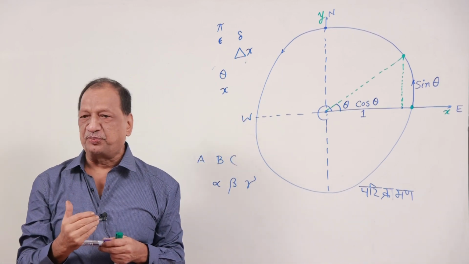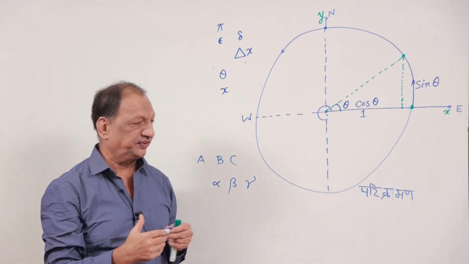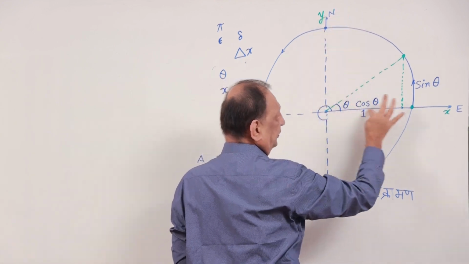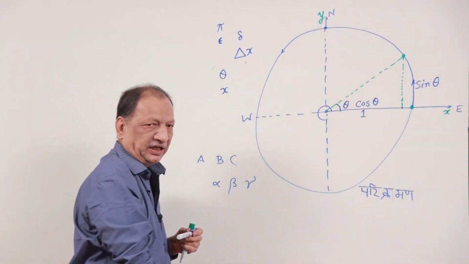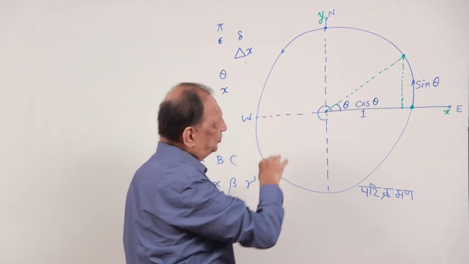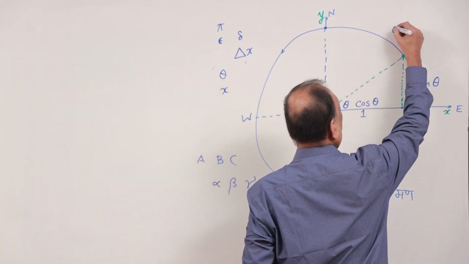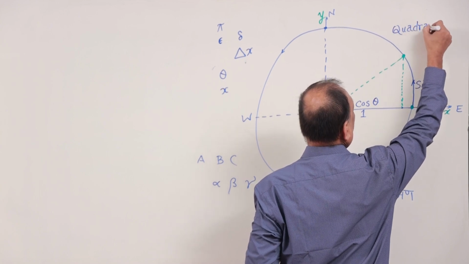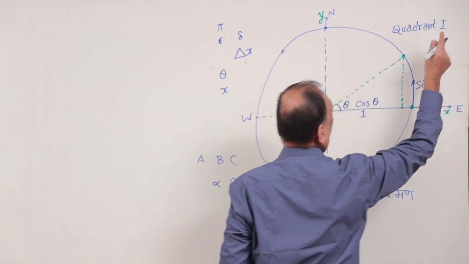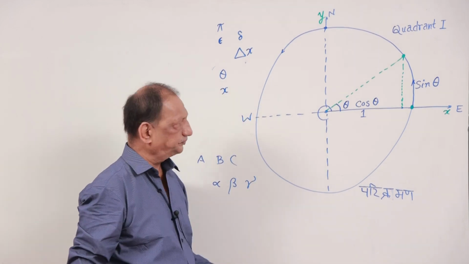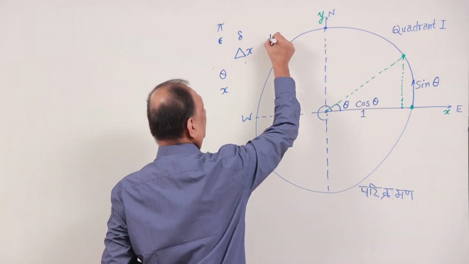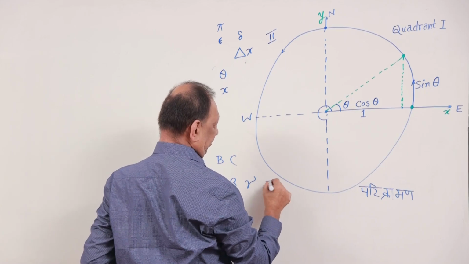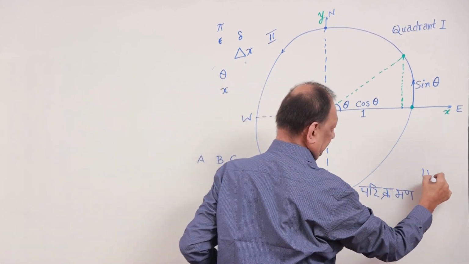Actually, it starts becoming negative. Now, cos theta becomes negative here. So here sin theta, cos theta both are positive in this part of the Euclidean Cartesian plane, and this part is known as quadrant 1. So we got 4 quadrants: quadrant 1, quadrant 2, quadrant 3 and quadrant 4.